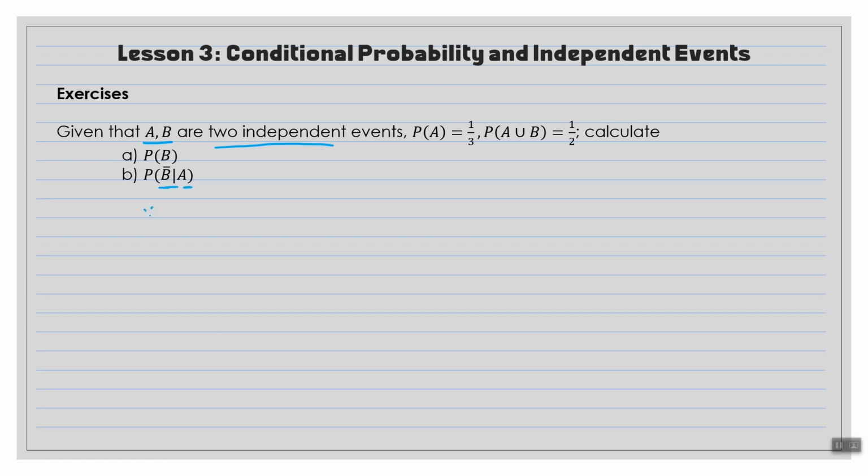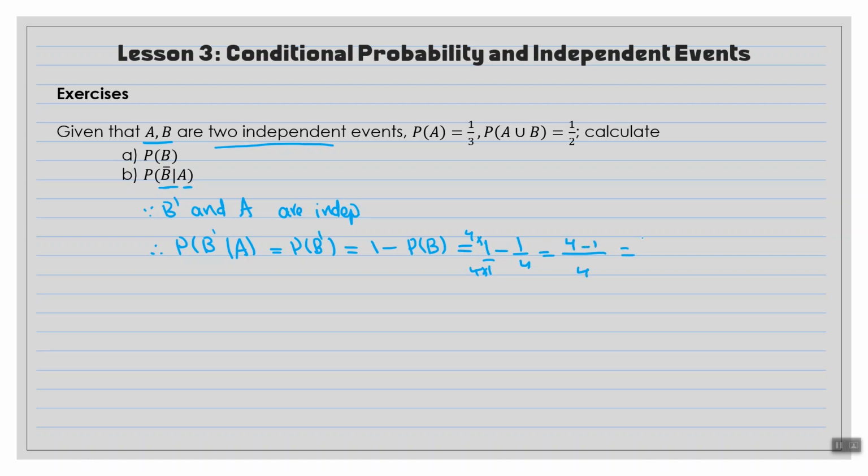So because B dash and A are independent, the probability of B dash with condition to A is equal to the probability of B dash alone, no need for A, which is 1 minus the probability of B. And we have just found the probability of B in the previous part, which was 1 over 4. So 1 minus 1 over 4, 1 over 1 times 4 times 4. So we get 4 in the denominator, 4 minus 1 in the numerator, which is 3 over 4. So this is going to be the answer to part B.